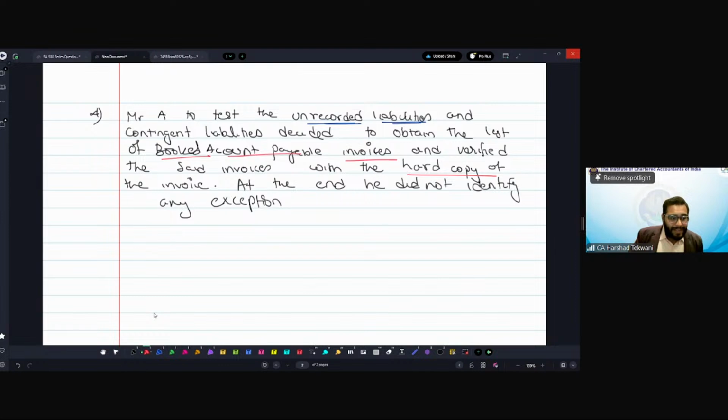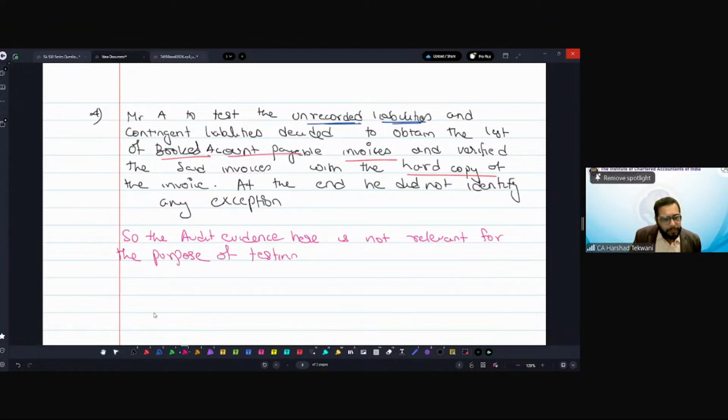So the audit evidence here is not relevant for the purpose of testing of unrecorded liabilities.